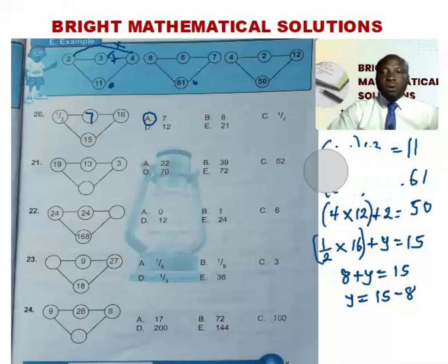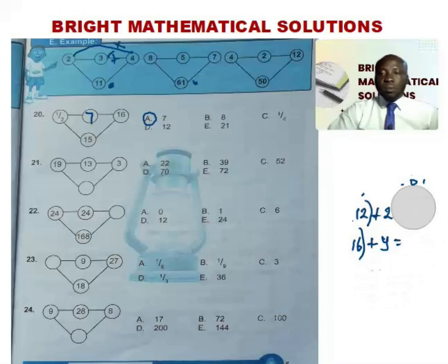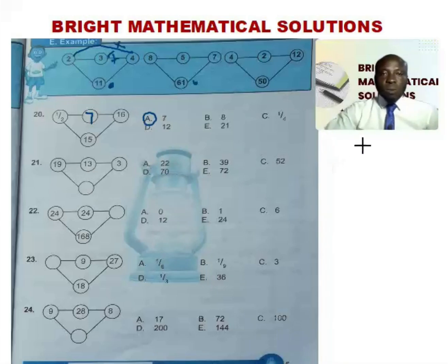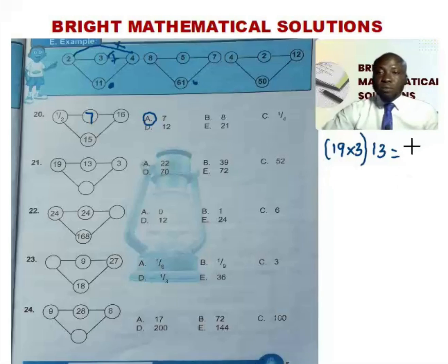Let's look at the second one. What we must take note of is the operation that goes on behind the numbers. We have 19 multiplied by 3 plus 13, and that gives us, let us quickly use the calculator, 19 multiplied by 3 gives us 57.